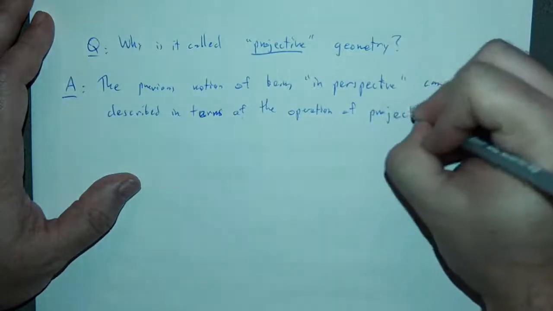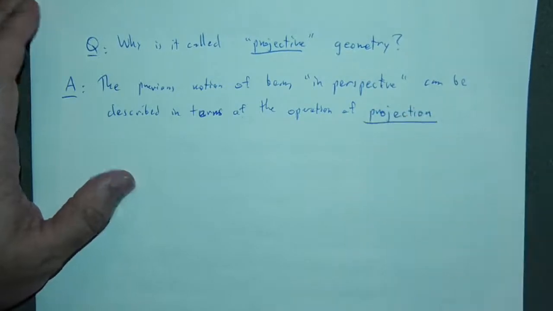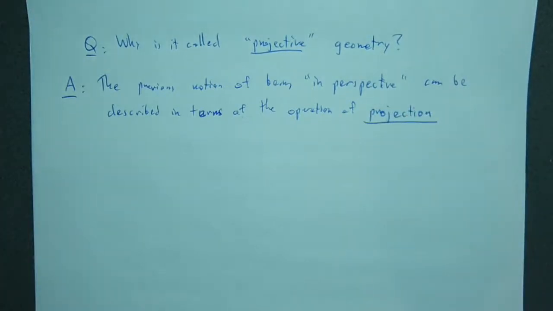But we're going to have to define what we mean when we talk about projection. So you're familiar with at least some type of projection. So we want to talk about projections here.